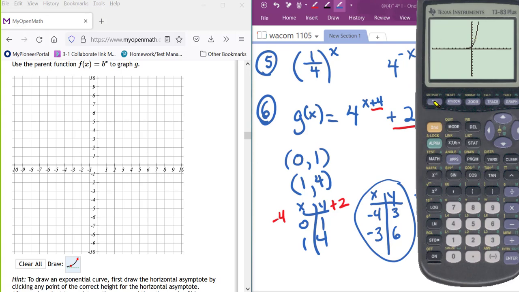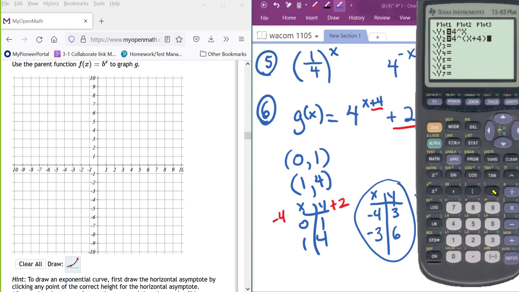Let's go ahead and add that other one on here. So we'll leave the parent function. We'll add the other. You do need to use parentheses here if you put this in your calculator. So we're going to raise it to the power, put it in parentheses, x plus 4, close parentheses.